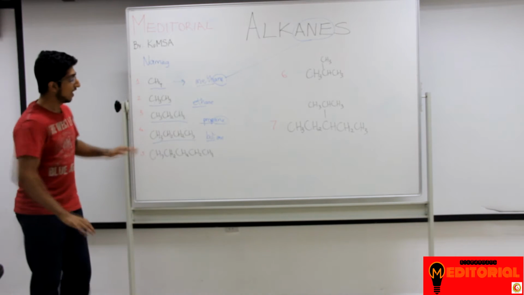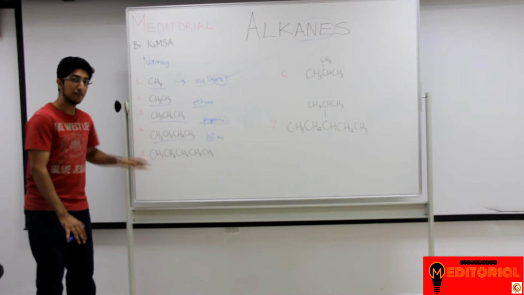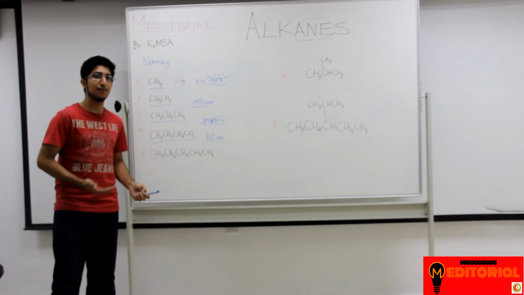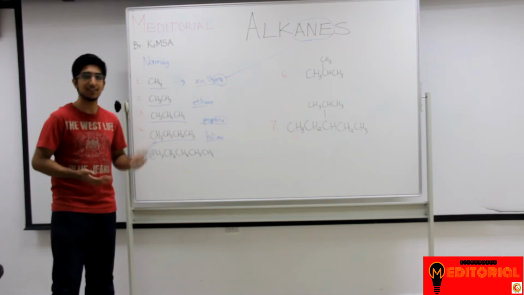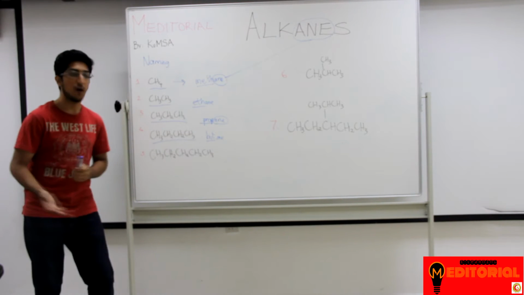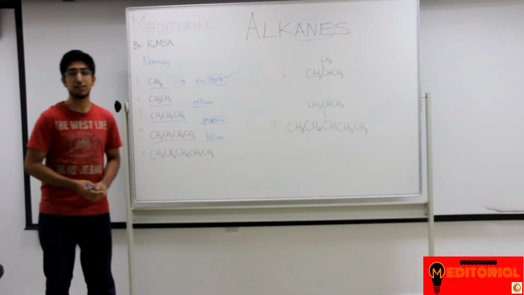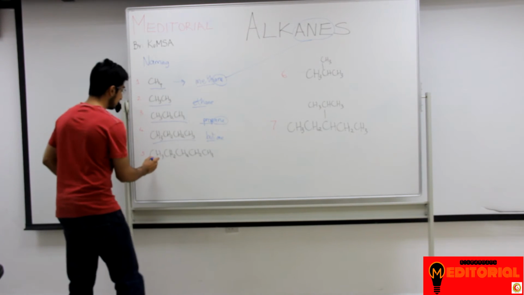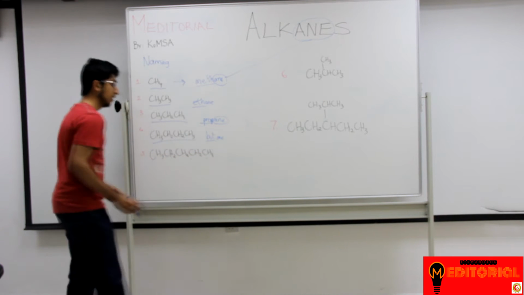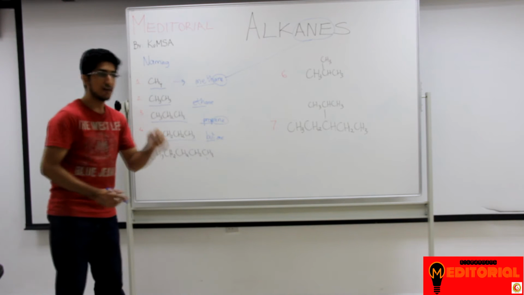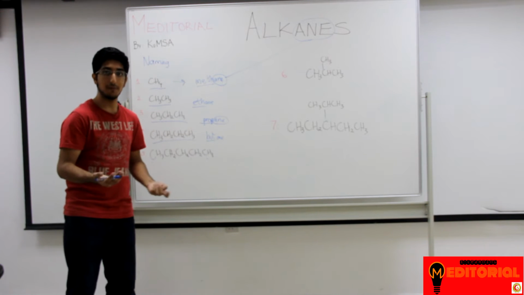The good news is, after 4, meaning 5 and above, we go back to our normal systematic method, which is 5 is pent, 6 is hex, 7 is hept, 8 is oct. After 4, it's all those normal prefixes you've heard. But for the first 4, you'll have to learn them. 5, this is the 1, 2, 3, 4, 5, and this is a straight chain. 5 and above is the normal method you've heard of.